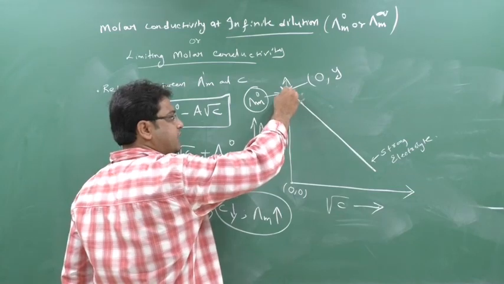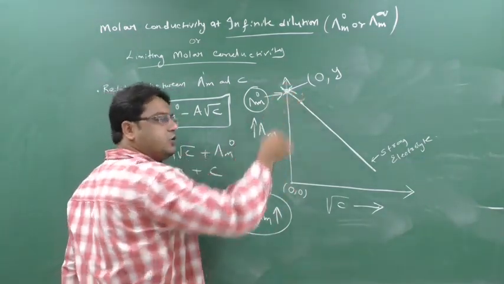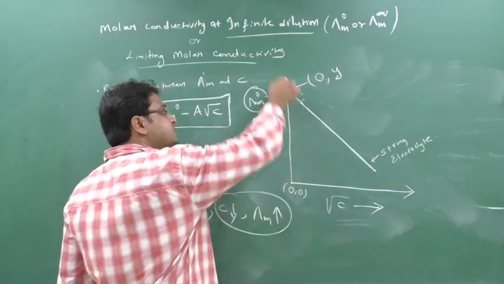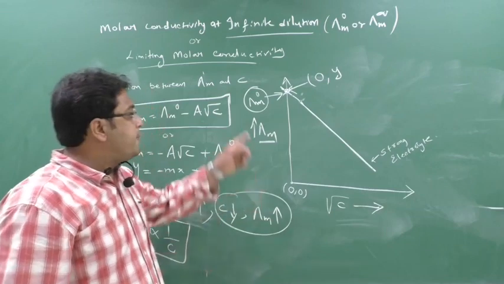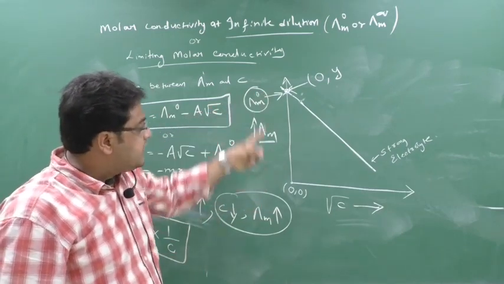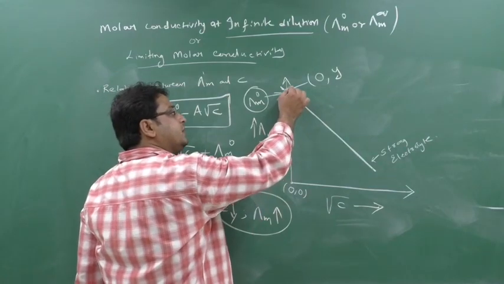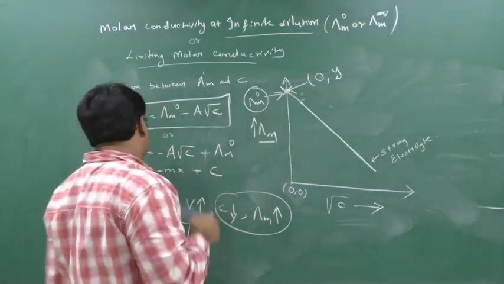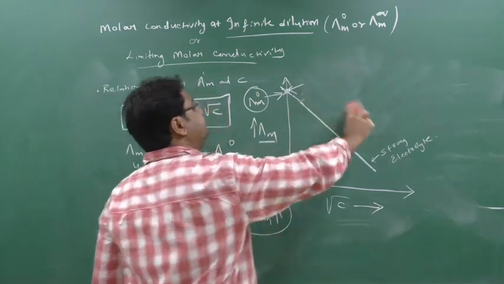The y-axis is lambda m, that is, molar conductivity. So I am obtaining the molar conductivity at which concentration? Zero concentration.